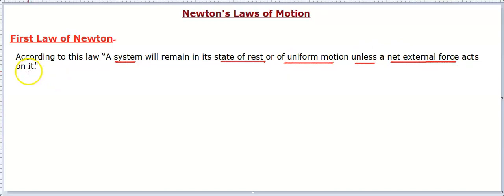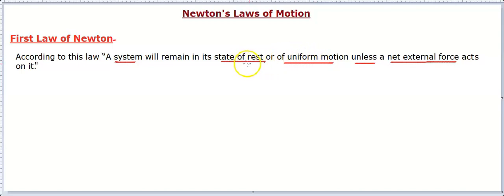This simply says, if you consider any system, and it is in a state of rest or moving with a velocity, then the system will maintain its state of rest or uniform motion until and unless you apply a force, and that force has to be applied externally, and it should be net. That means the net force should not be zero. You can apply so many forces, but in such a way that the net force is non-zero. So if you apply a net non-zero external force, then the state of rest or state of motion will change.